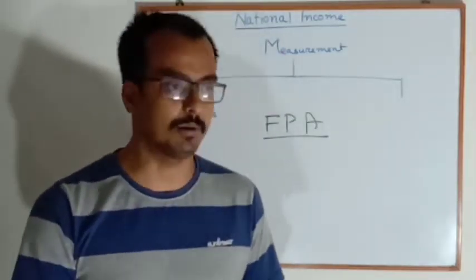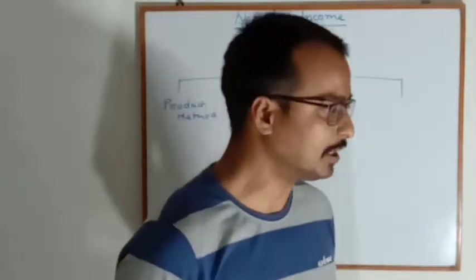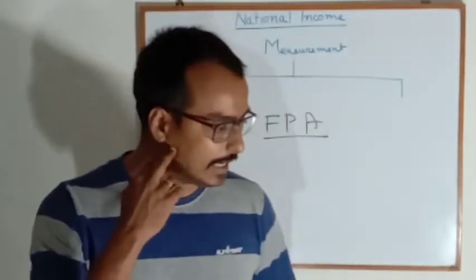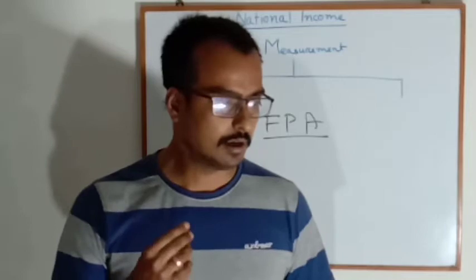Now there is a problem. What is a final good? A final good is one which is ready to be sold. Now there may be some confusion. So for example, milk.